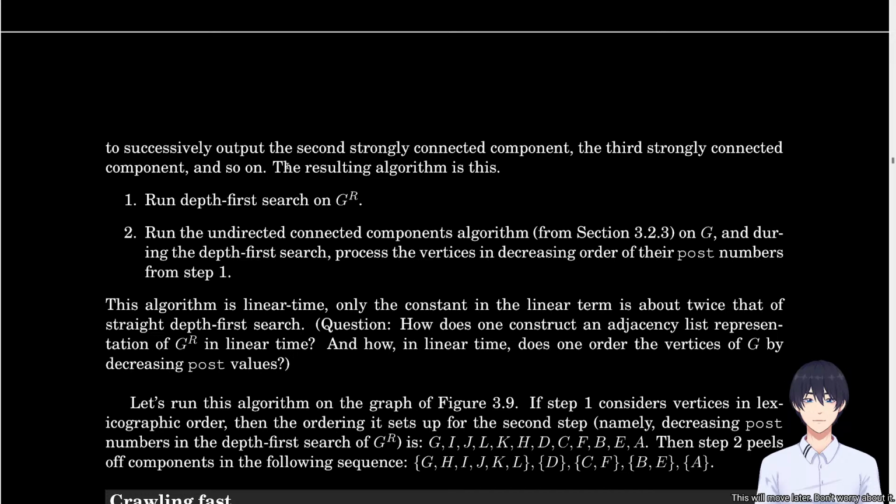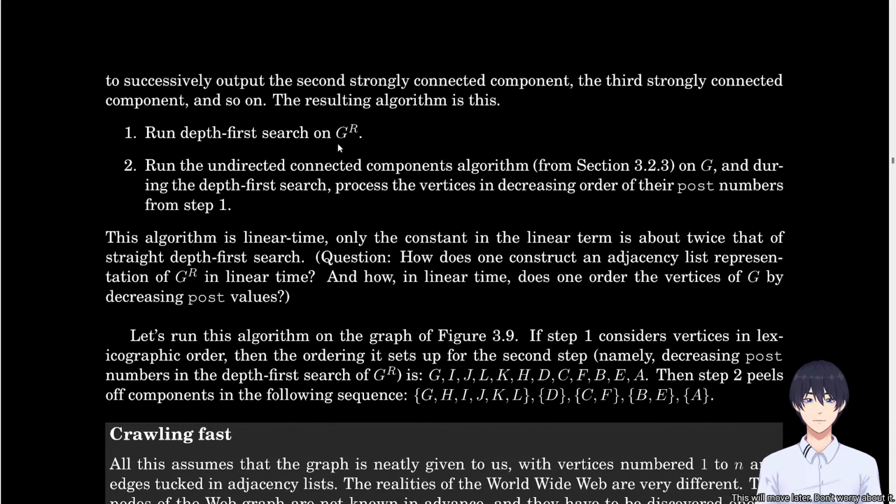The resulting algorithm is this. DFS on G reverse, and yes, so then once you do that, the node with the highest post number must be in a source of GR, which is a sink of G, and then run the undirected connected components algorithm on G, which is just explore, if I remember.